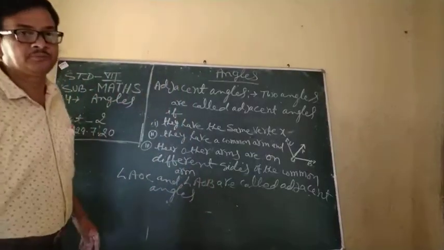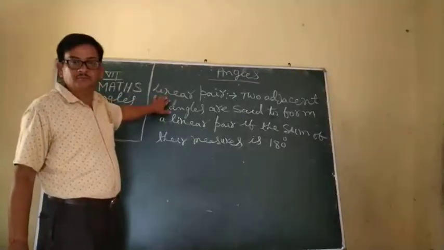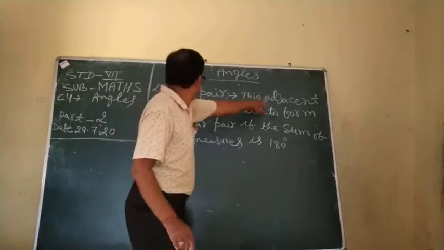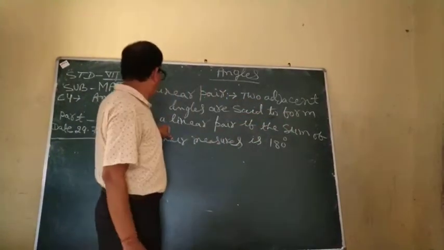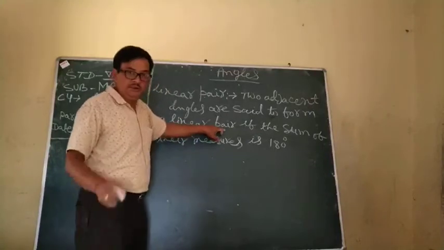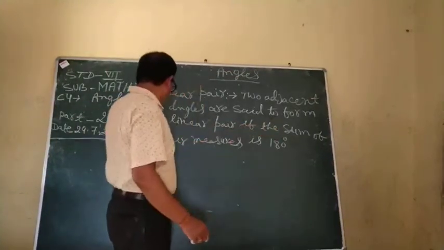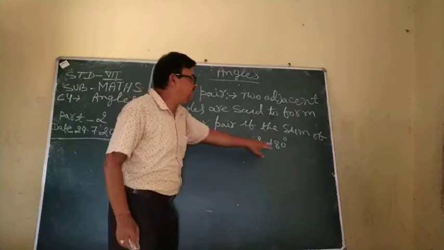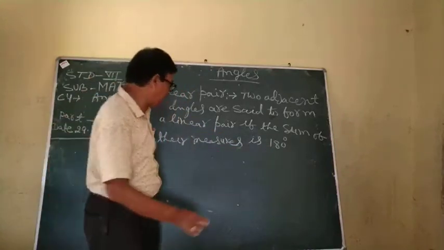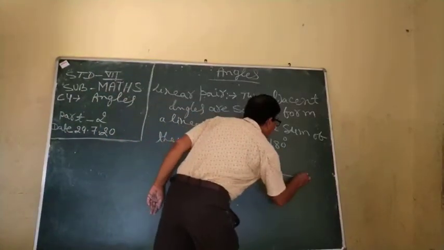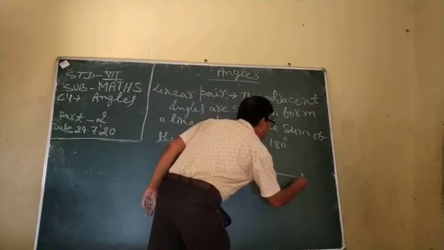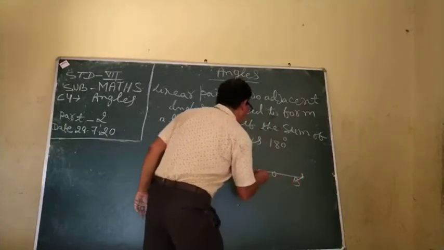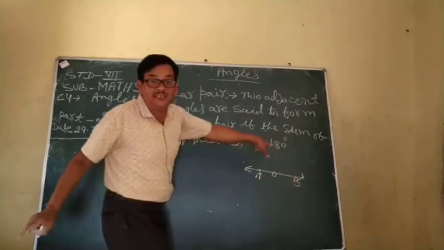Understood now? Linear pair. Two adjacent angles are said to form a linear pair if the sum of their measures is 180 degrees. I am writing one straight line. This is AOB, the straight angle.